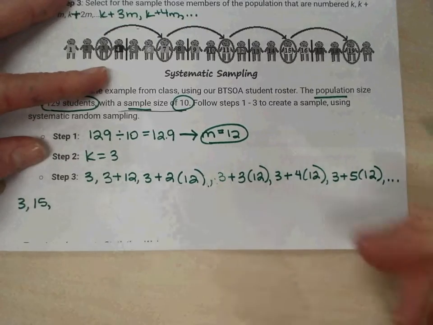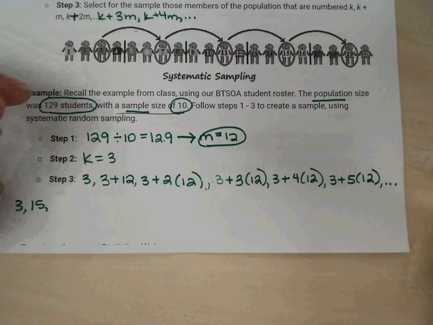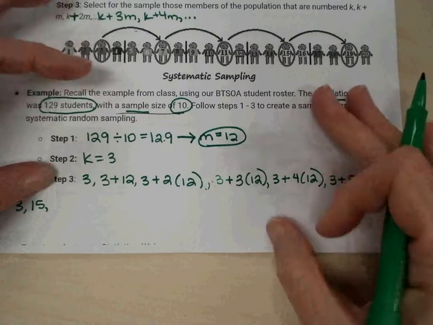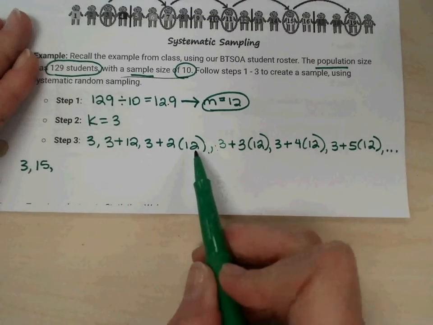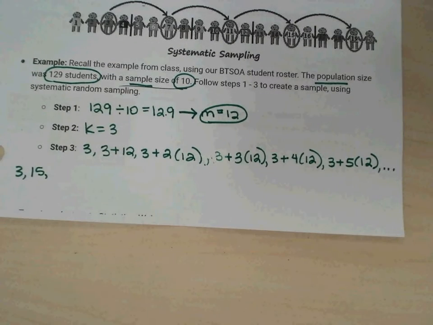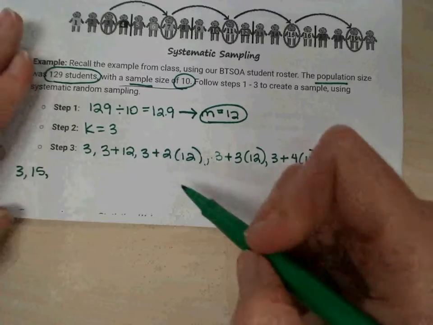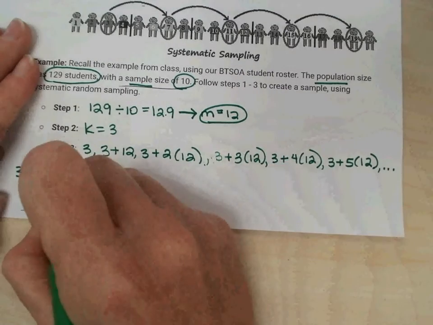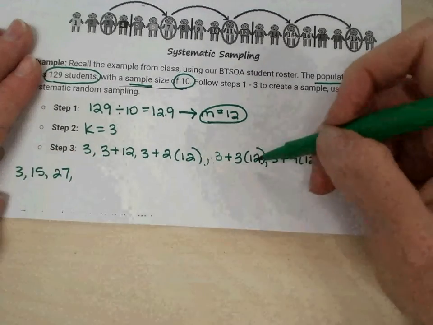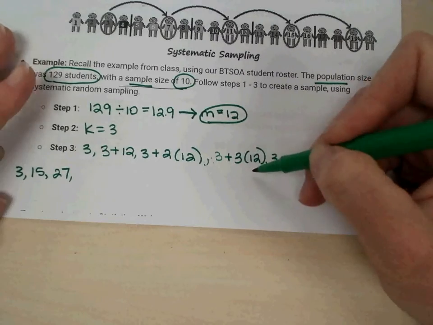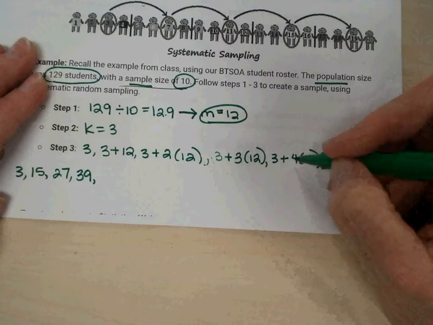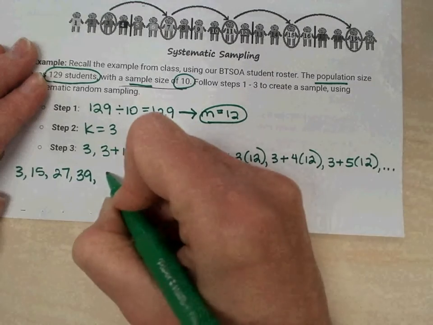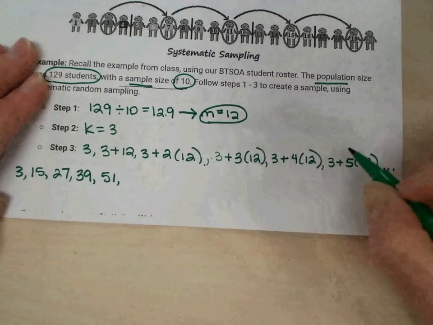What's my next one? Be ready with your calculators or just mental math. What's the next one going to be? We're adding on another 12, right? So 24 plus 3 would be 27. 3 times 12 is 36, plus 3 would be 39. And then 48 plus 3 would be 51.